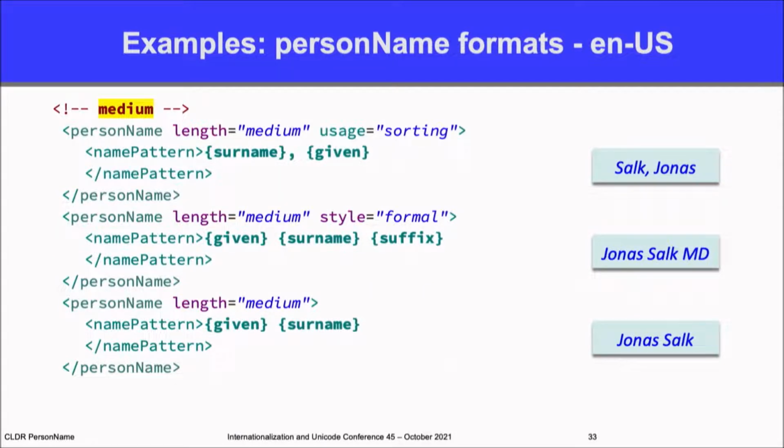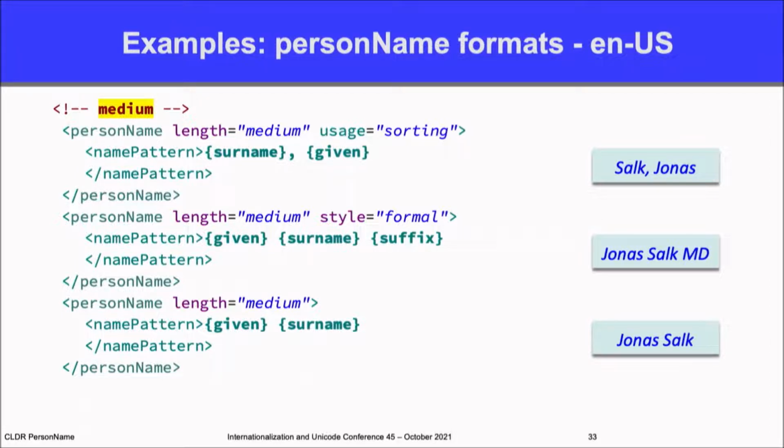Medium is another example where, let's say I'm asking for sorting. For medium, I'll just want to go by surname, then comma, given name. Then for the length, if I have formal, now this is where it gets interesting. According to one of the etiquette guides that we saw, if a person has a professional name honorific and they have a professional title, you never see both in the same name.